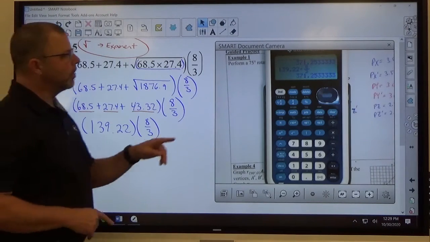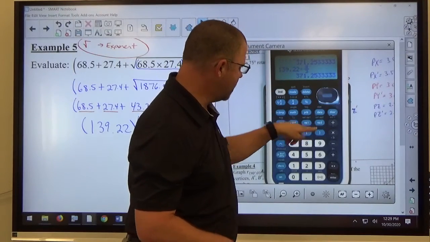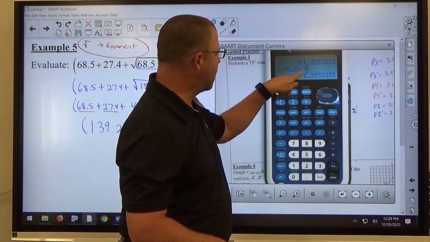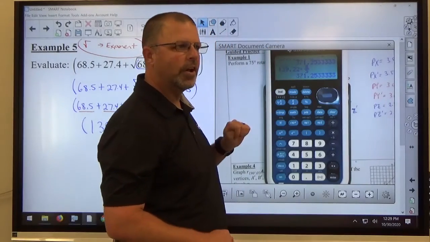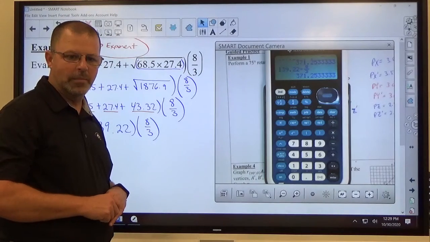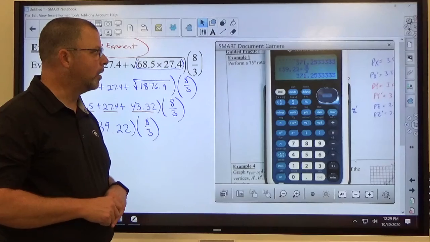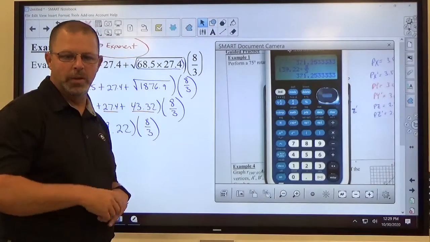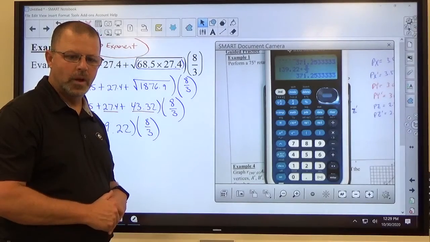Either type times 8 divided by 3, or hit times and then the fraction key and enter your fraction. On Google, you'll probably just have to type in times 8 divided by 3. If you type in 139.22 times 8 divided by 3, it'll bring a calculator up and have the answer there for you.